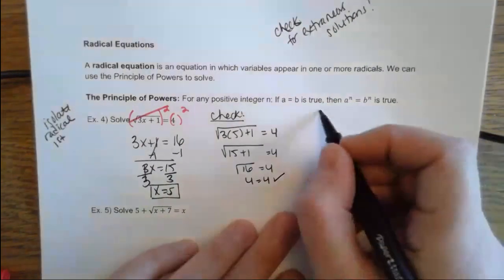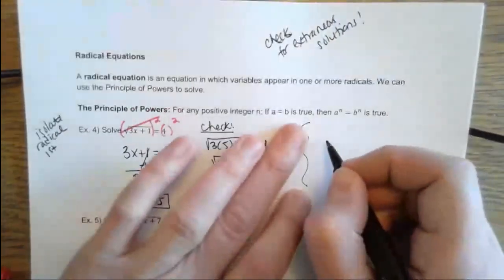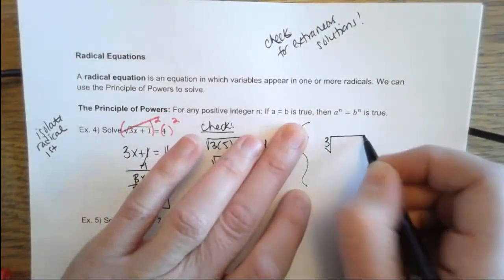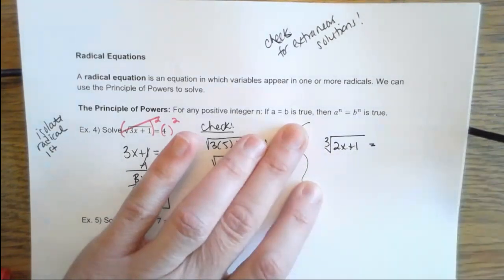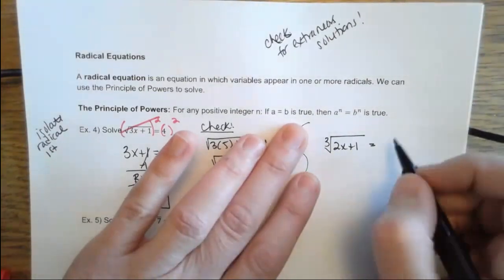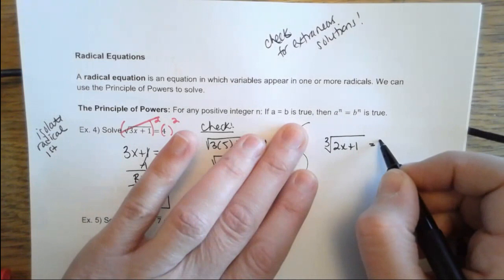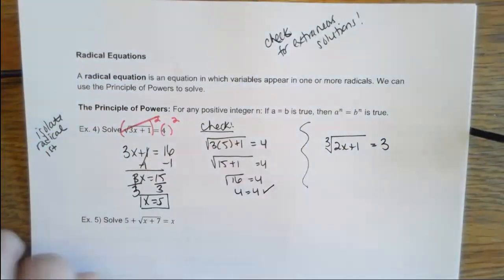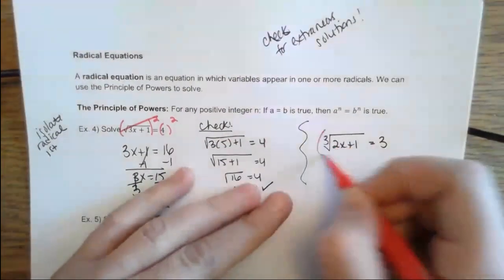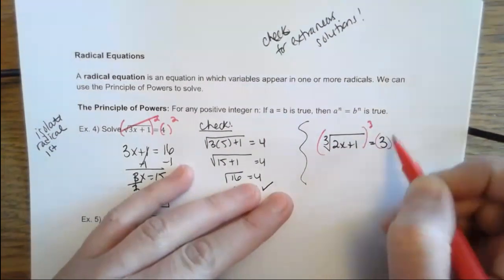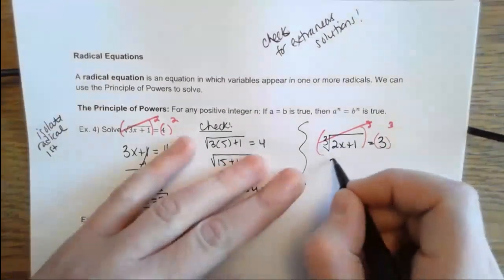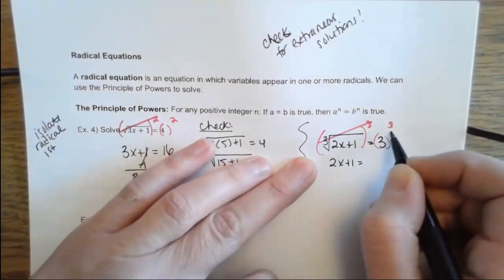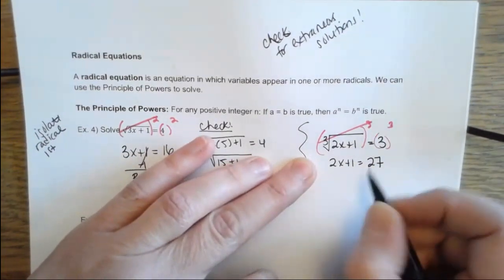As I noted too, if you see something with a cubed root, like let's say I had the cubed root of 2x plus 1 equals, let's see, we'll do 3 here, for instance. Then if you have a cubed root, you would cube both sides. Your root is isolated, so it's going to cancel right out. 3 cubed is going to be 27.